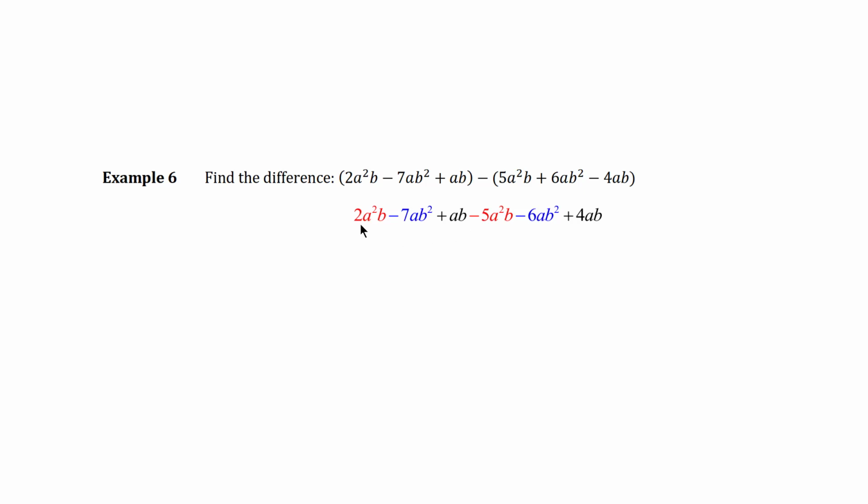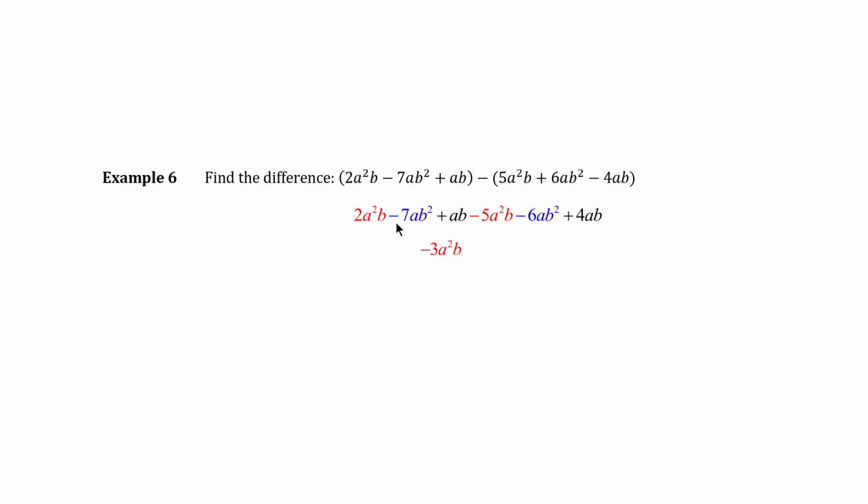So the result is 2a squared b minus 7ab squared plus ab minus 5a squared b minus 6ab squared plus 4ab. Next, we could go ahead and combine our like terms. So we have 2a squared b minus 5a squared b is negative 3a squared b.